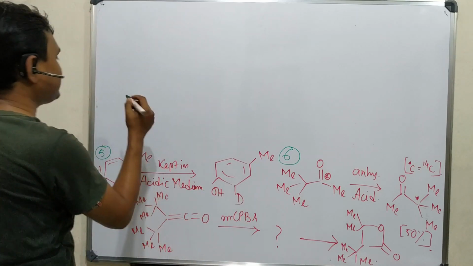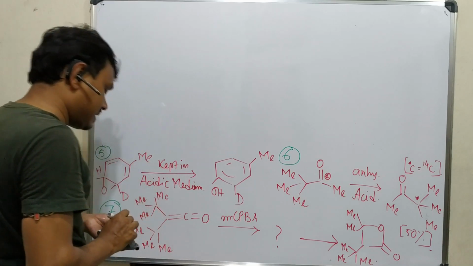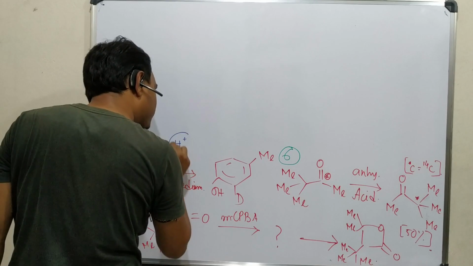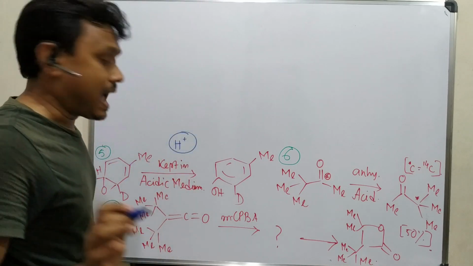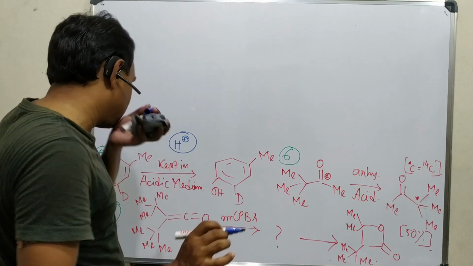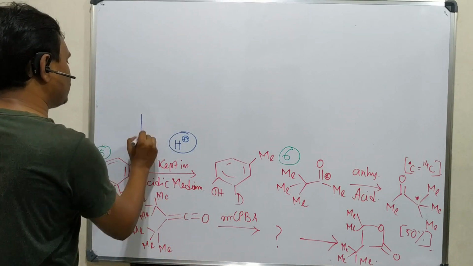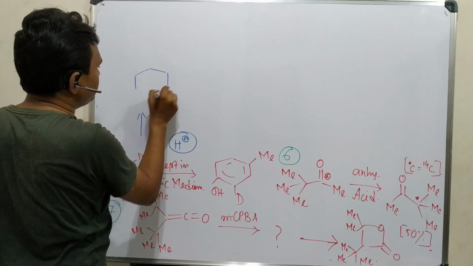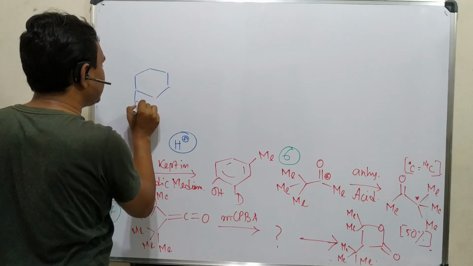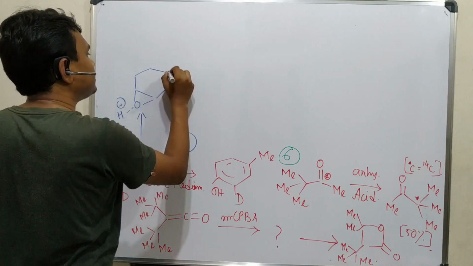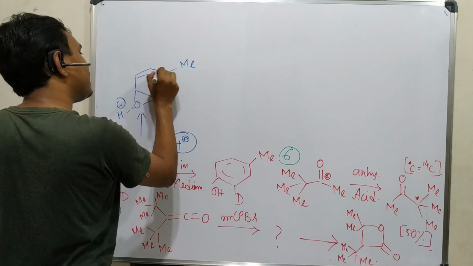Acidic medium means you have to consider there is H plus, just acid. Acidic medium doesn't mean that water should be present. It is not essential. So in such a case, the epoxide will definitely be protonated.